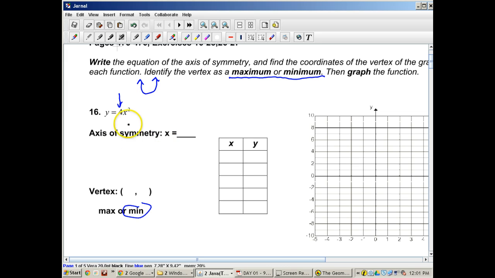So, first part done, let's do this. What does A equal? What does B equal? And go ahead and calculate the axis of symmetry. See what you get.